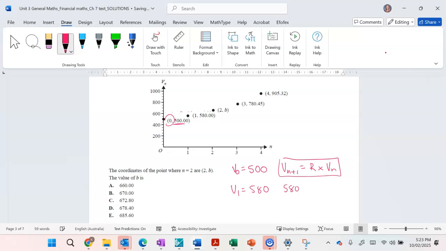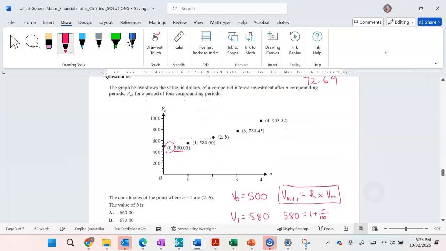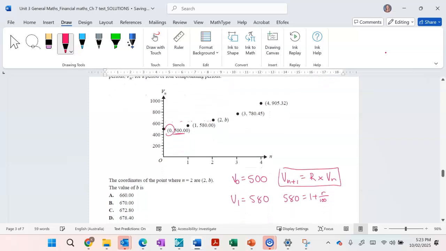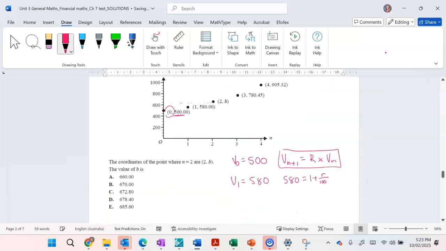So I've got 580 is equal to R. So R is going to be 1 plus R over 100. Doesn't really matter, it doesn't tell us how many compounding periods, so we can just leave it like that because it doesn't actually matter. Times Vn. So Vn is the previous value, which was 500.